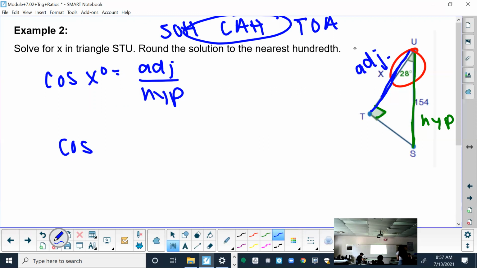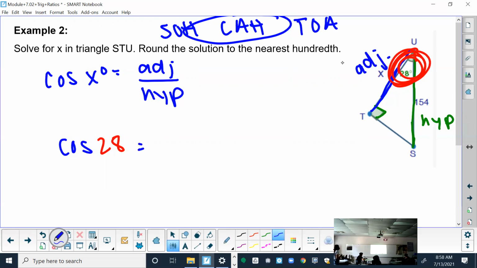Do I have an angle measure? Can I plug something in for the angle? Yes, I can. It's given to us, so I'm going to put that in this spot. The angle measure will go for the x degrees.